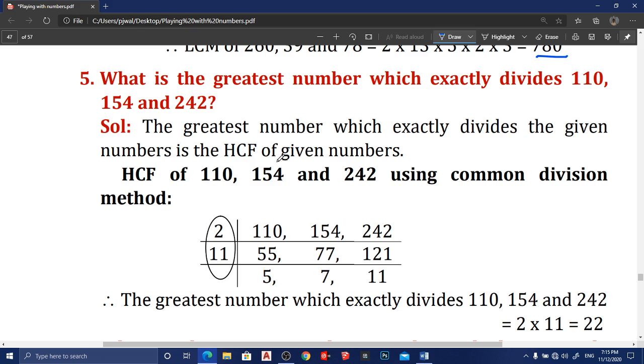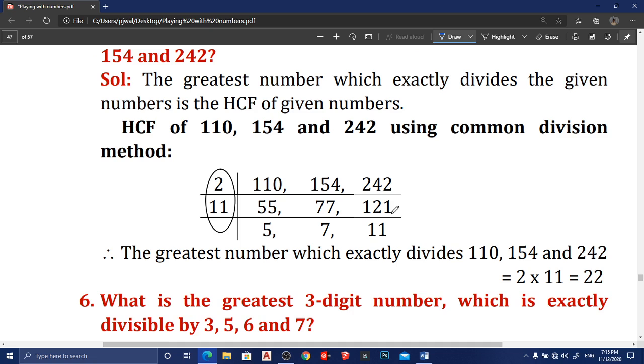So you have to find out the HCF. To solve this type of problem, the greatest number which exactly divides means that itself is the HCF only. So that's why you have to find the HCF of the given numbers. You can use any method. Here I am using the common division method.